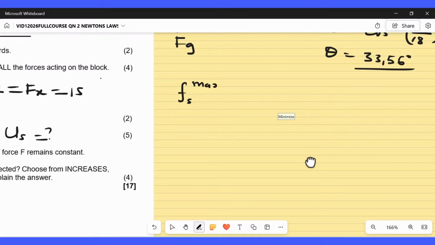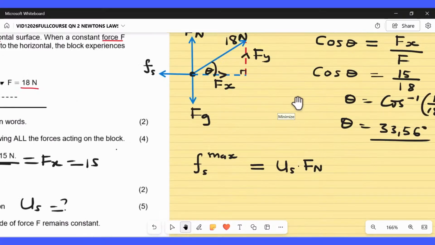But now, because the body is stationary, you can see that Fx equals F static. Because it is stationary, my horizontal component equals the maximum static frictional force, which is 15.